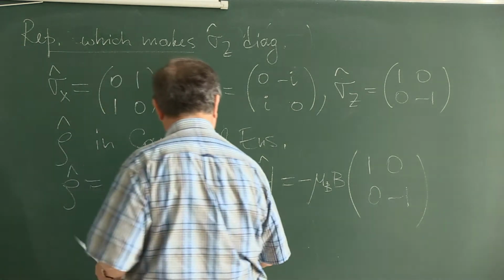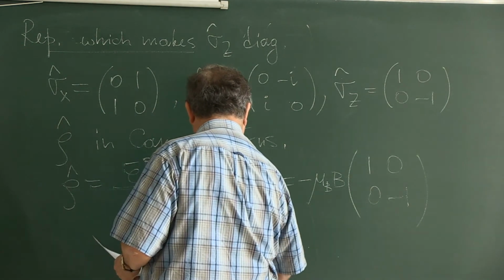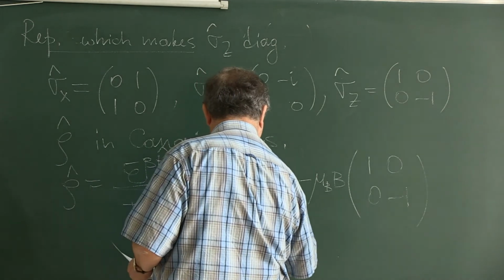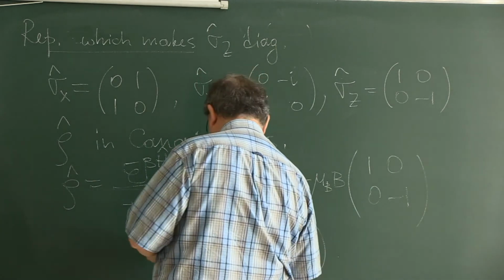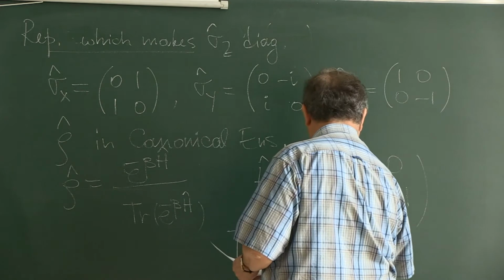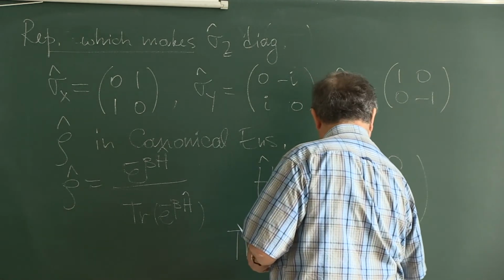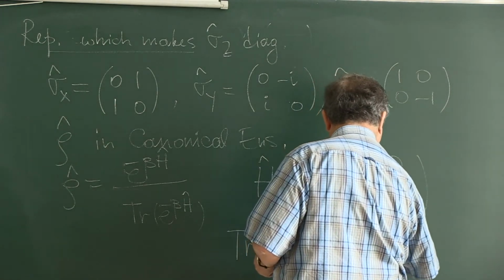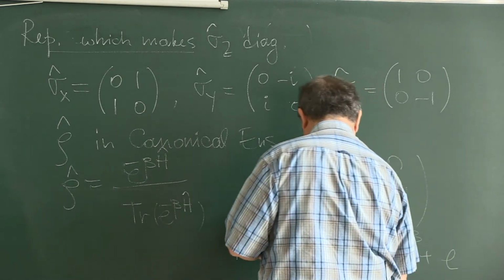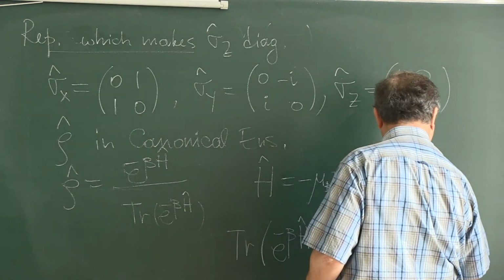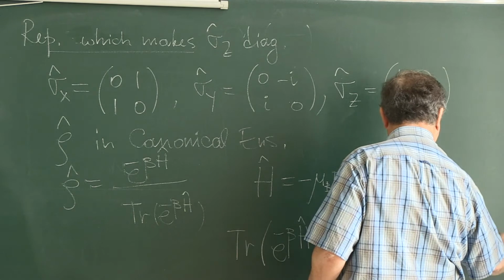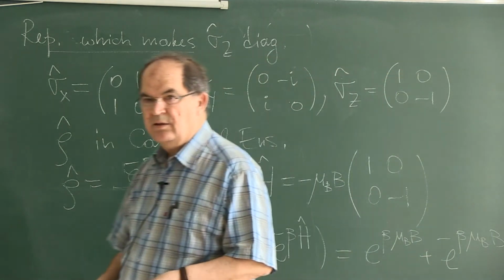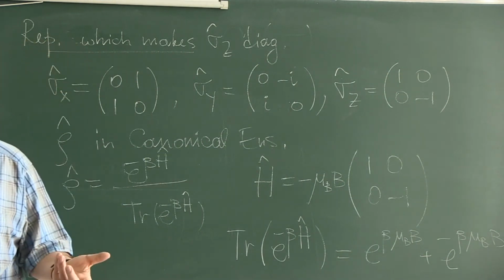Trace is easy to find: it is e to the beta mu B plus e to the minus beta mu B. Remember the partition function?